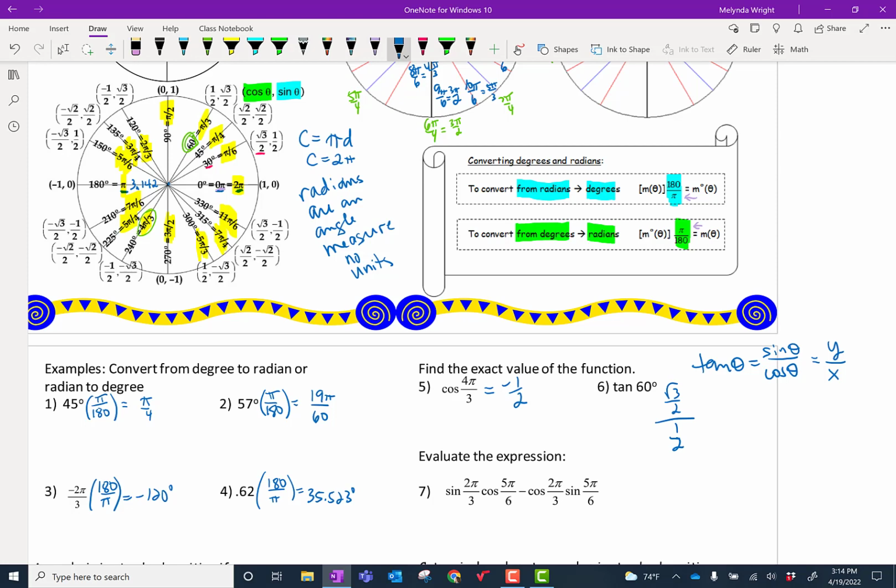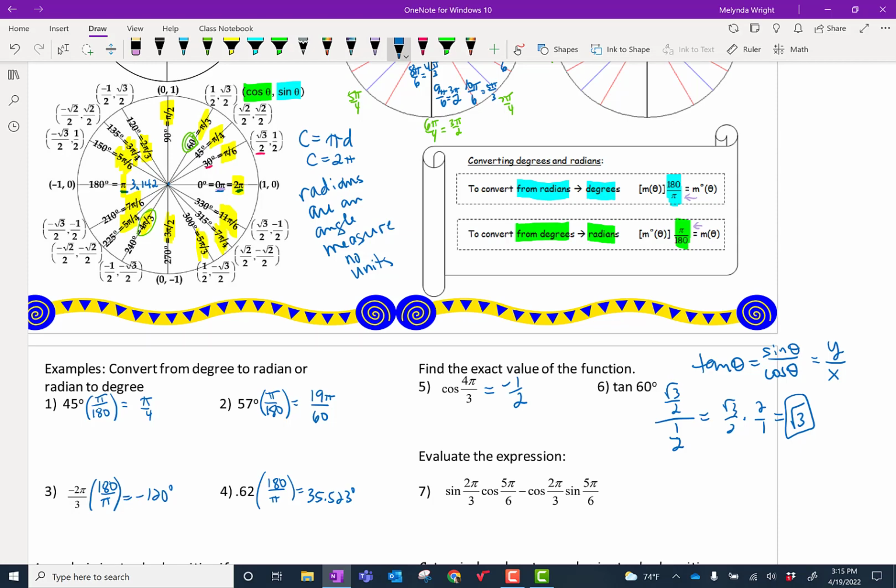Hopefully you remember how to fix a complex fraction. Remember, instead of dividing fractions, we would rather multiply them. Some people use keep, flip, change. So you do √3/2 times, then we're going to flip the denominator to be 2/1. So it's actually √3. Tangent of 60 degrees is √3.